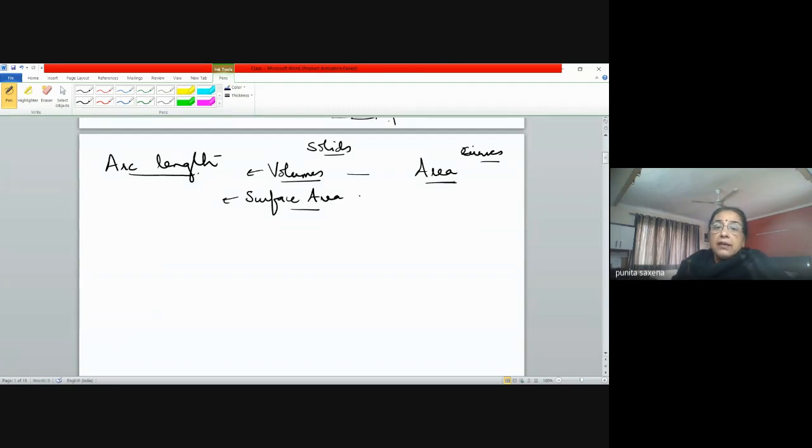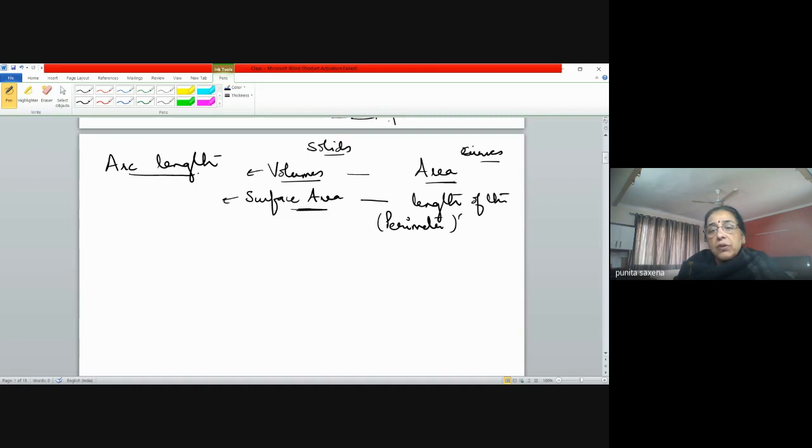And in two-dimensional curves, the term corresponding to surface area is the length of the curve, which we call the perimeter. We call it the perimeter, or because perimeter normally we use for symmetrical curves.